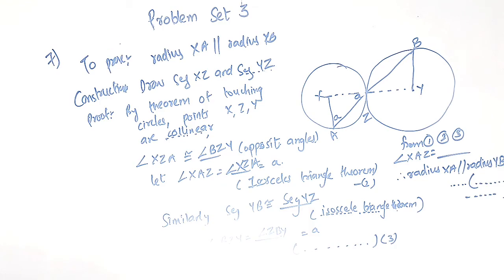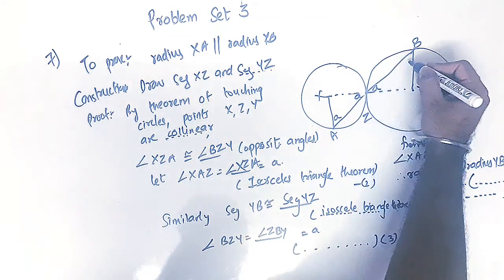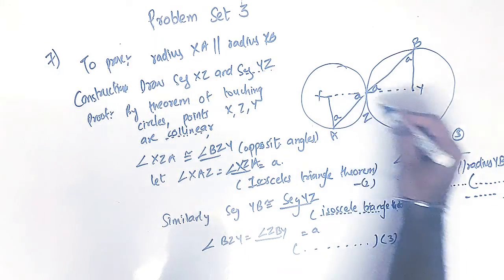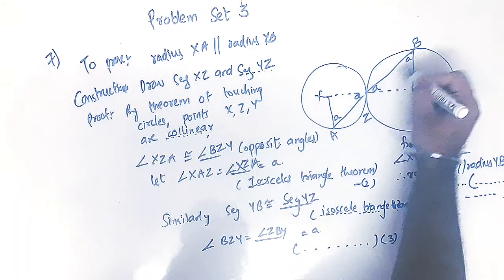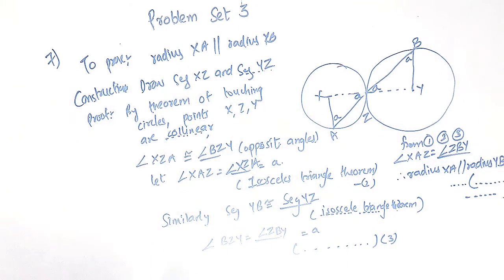Okay, so from 1 to 3, angle XAZ, if this is A, this is A, this is also A, this is also A, so XAZ will be equal to this angle, angle ZBY. Okay, XAZ is equal to angle ZBY. Correct?